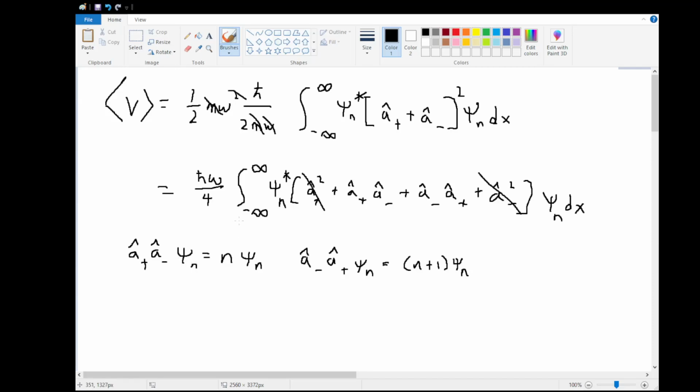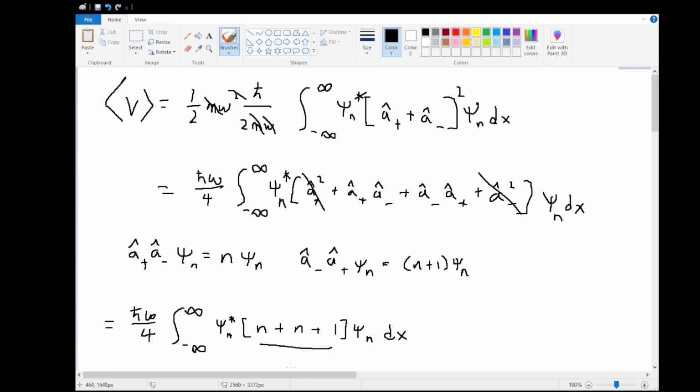So if we plug these in, then our integral becomes h bar omega over 4 times the integral from negative infinity to infinity of psi n star, and a hat plus a hat minus acts on psi n to the right. So we have, let's see, n for the a hat plus a hat minus, and then we have a hat minus a hat plus contributing an extra n plus 1, and this on to psi n dx.